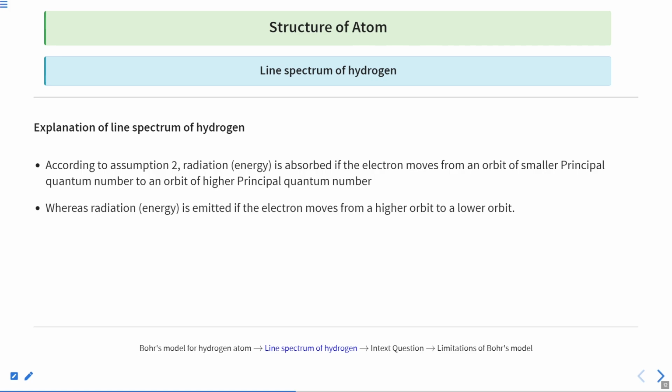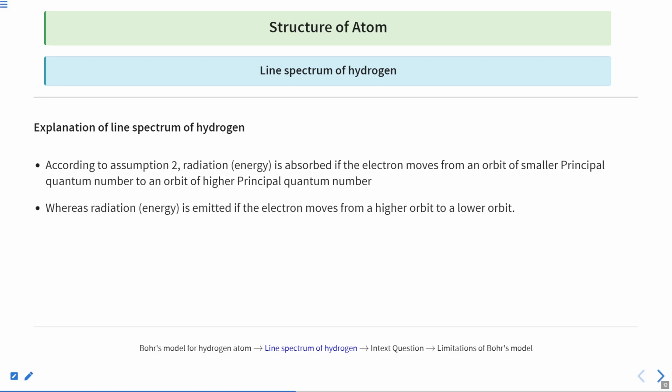Now, this Bohr's model is very good in explaining the spectrum. How? You have calculated the energy of one orbit. Similarly, if you calculate the energy of another orbit, suppose you have seen a transition from this orbit to this orbit, the electron is going.